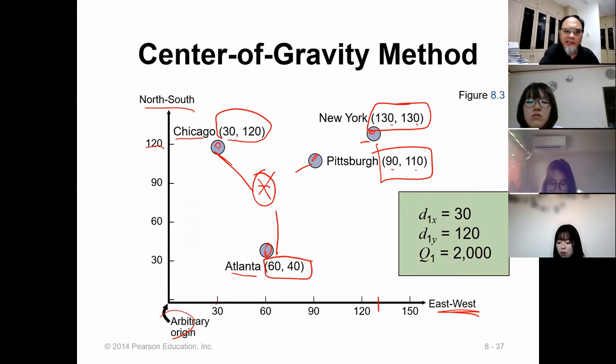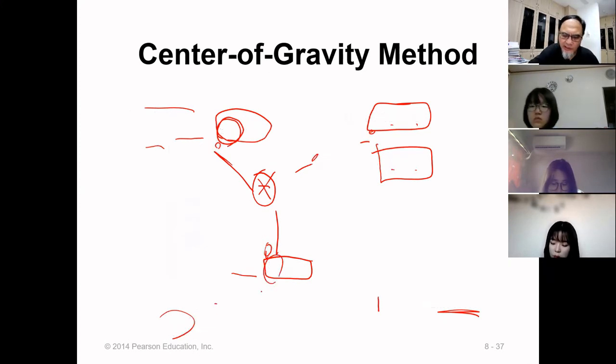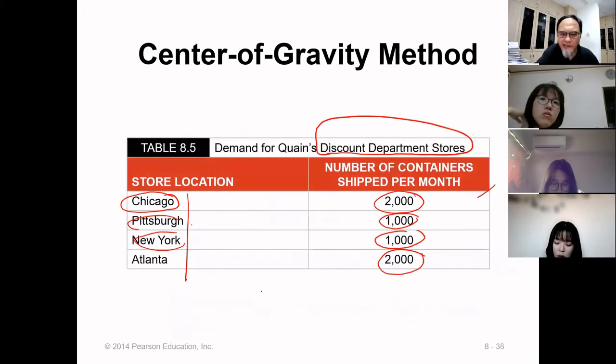Chicago is 30. So 30 times 2,000, and then plus the second one, 60 times 1,000. Atlanta is 1,000.